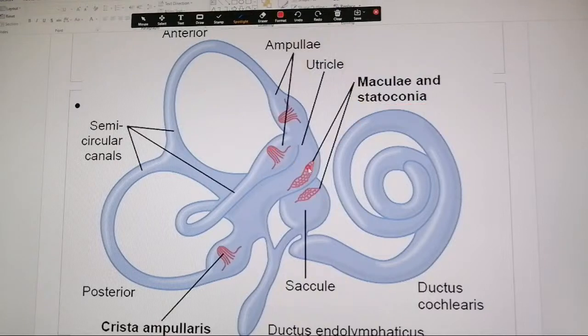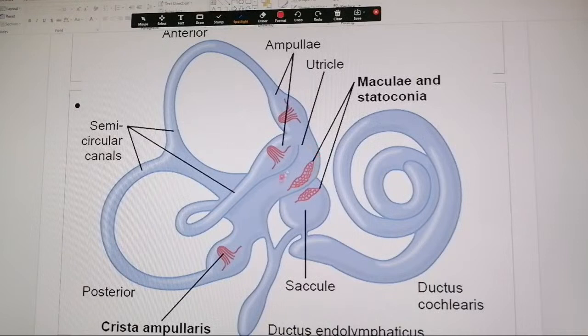Now we are going into a bit of detail, so saddle up. The utricle and the saccule are at a certain angle which cannot be shown here because this is a two-dimensional diagram. In a 3D model you will be able to appreciate it, or imagine it. You will have to imagine it for now.